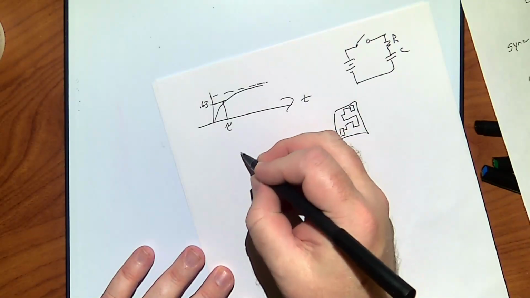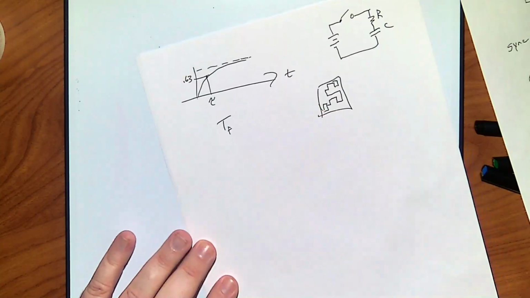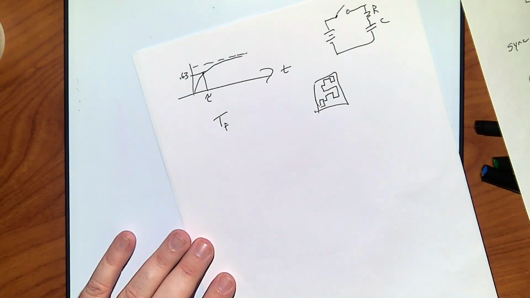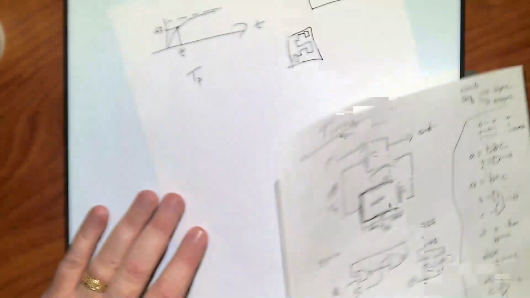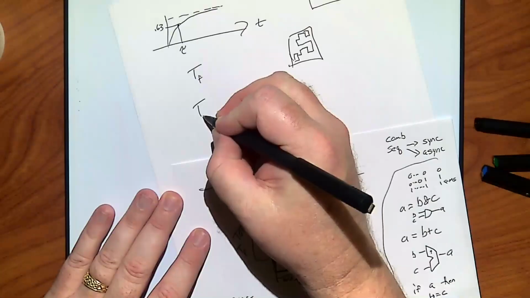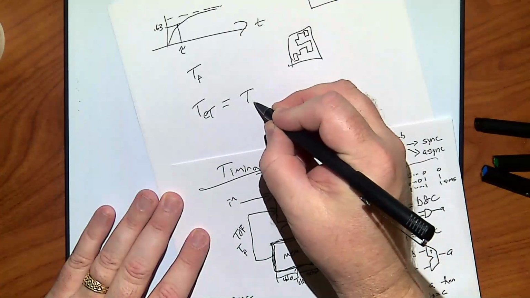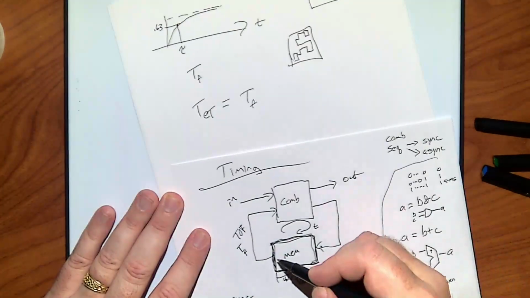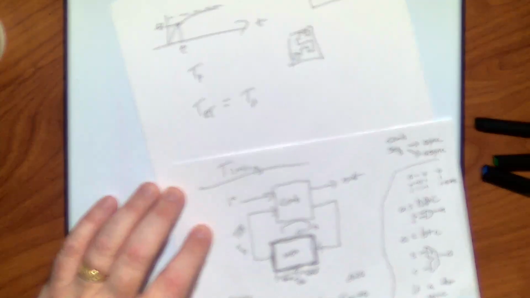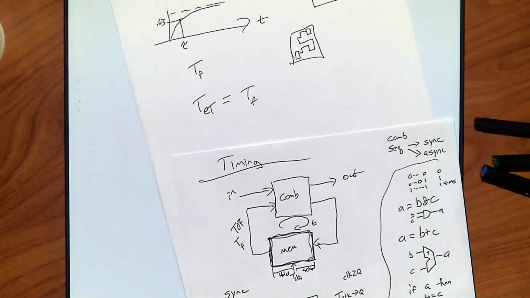So this is what we call our time of flight. For everything we're considering, I'm just going to put T everything. We know it's time of flight, but I potentially have one or two of them. So I could have two times the time of flight. On an FPGA, you only have one, though. That's usually because the combinational lookup block and the memory are often in the same block.